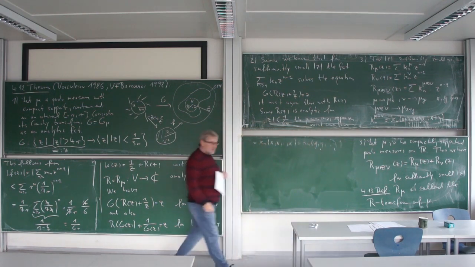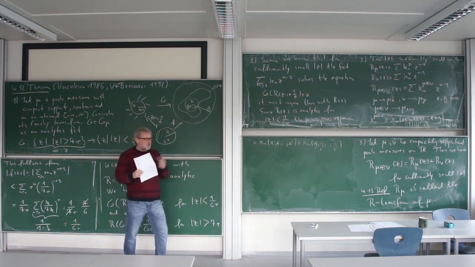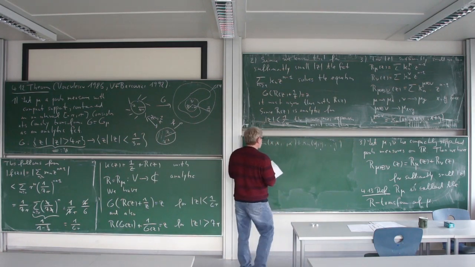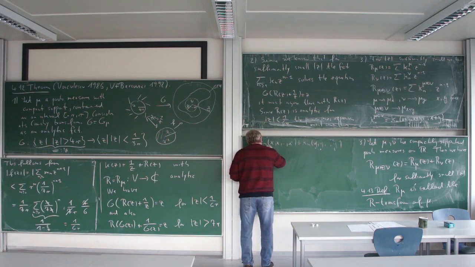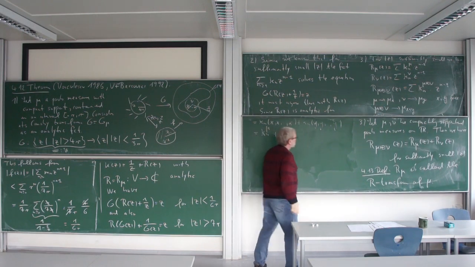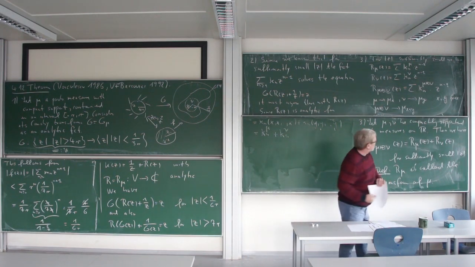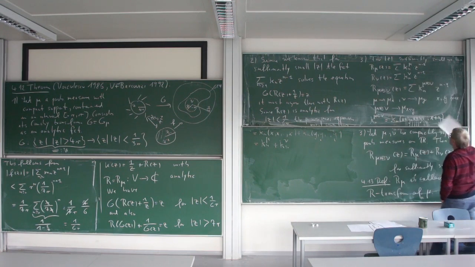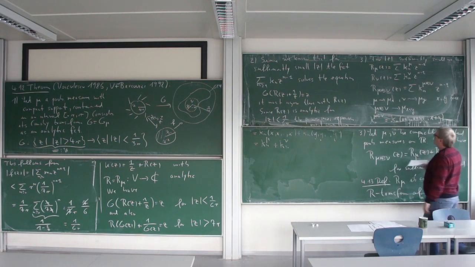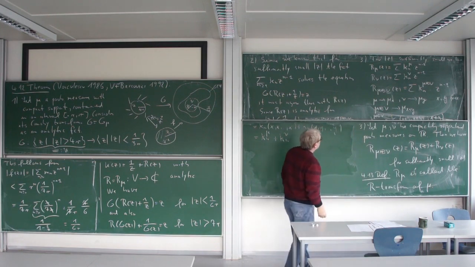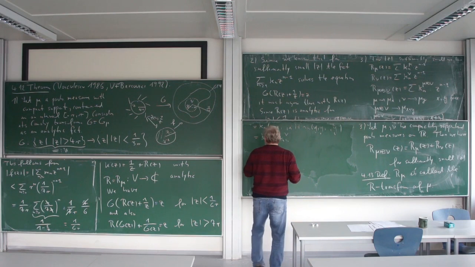There are many terms where some arguments are x and some are y, but mixed cumulants in free variables vanish, so all those terms are zero. So I only have those two terms: this is the nth cumulant of mu, and this is the nth cumulant of nu. This means this power series is the sum of this power series and this power series, and so for sufficiently small z we have the additivity.